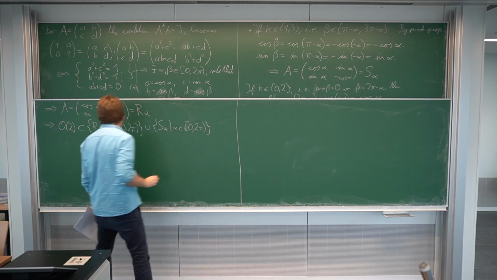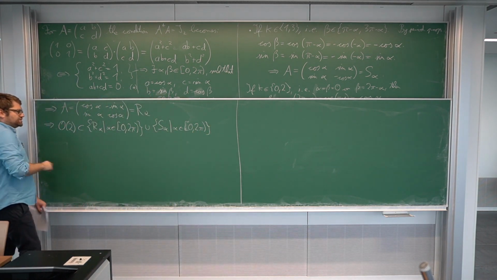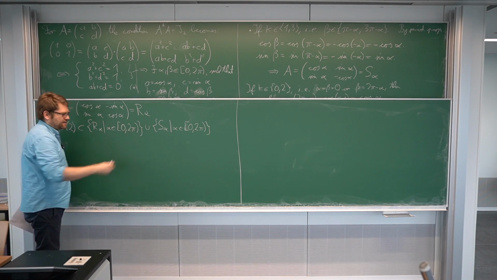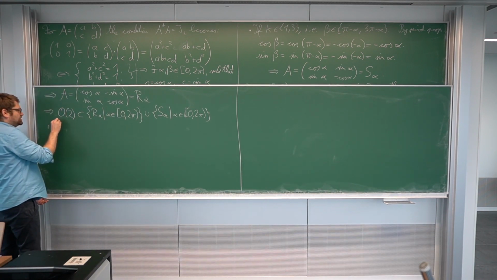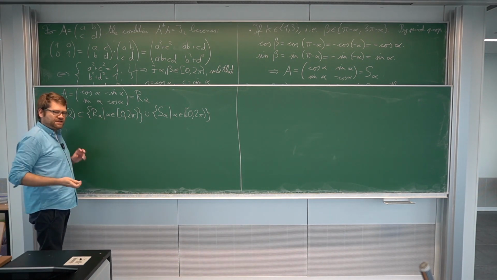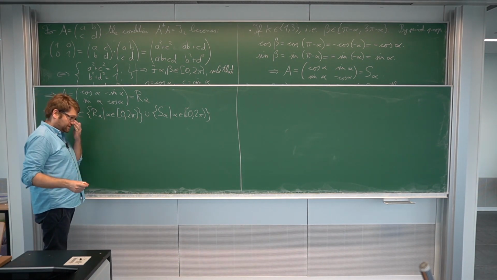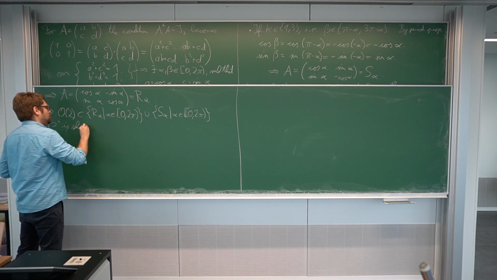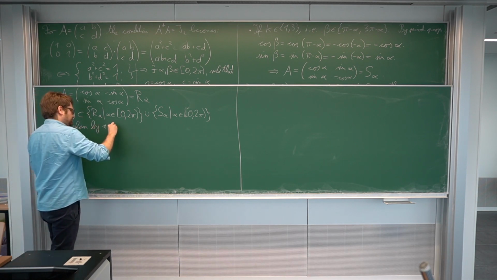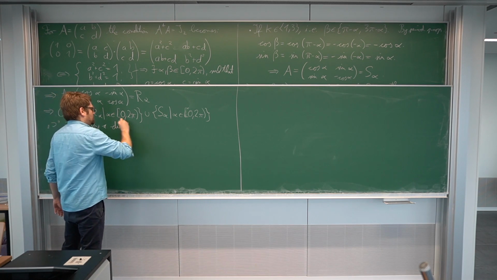Technically you just need to show the other inclusions, that all R alphas and S alphas are orthogonal, and this is just shown by an explicit computation. You just write down inner products and see that it works. So this is shown by a direct computation.